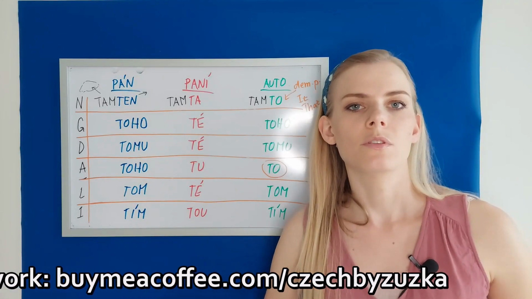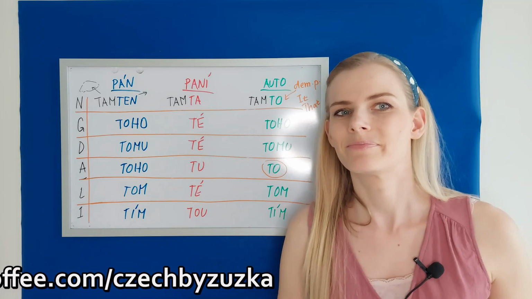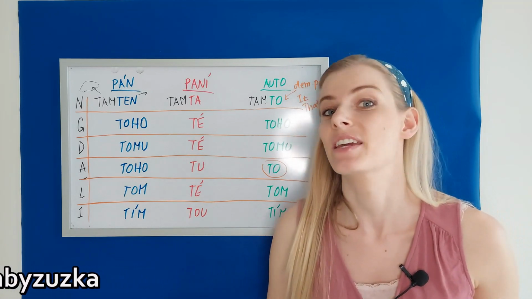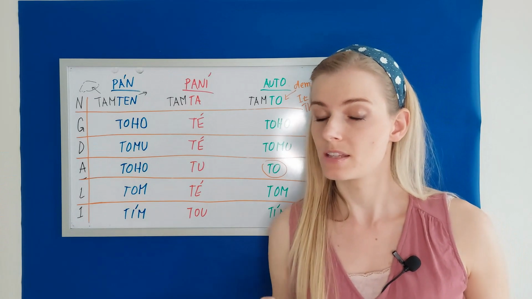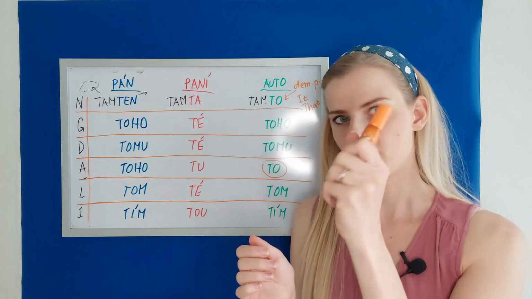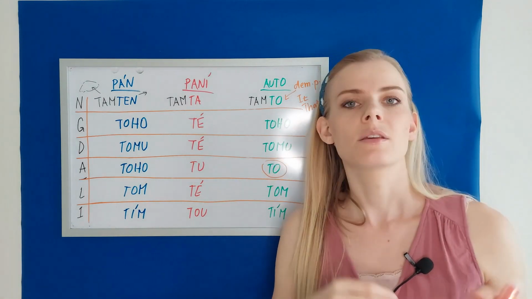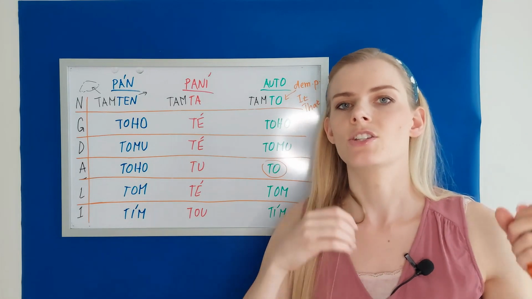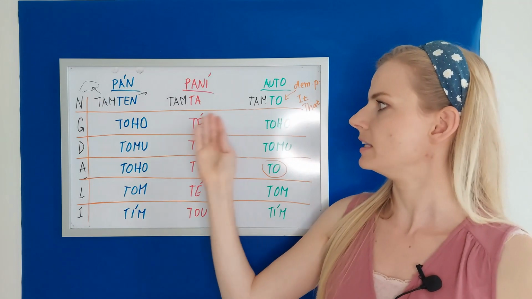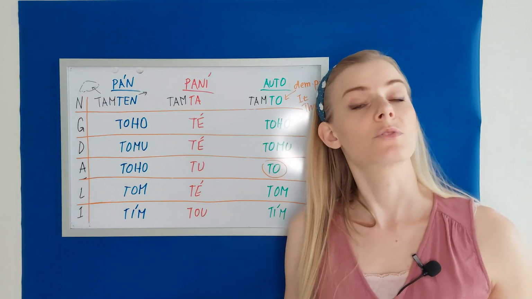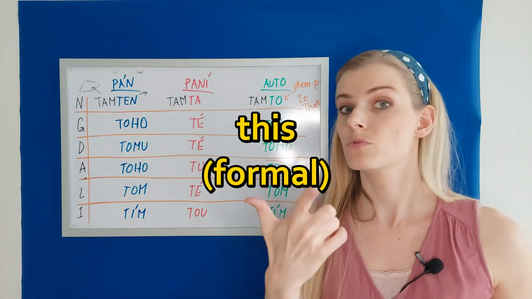Now you're probably wondering, and how do you say this? This is what I want to know. Okay, now we're gonna go close, and we are gonna point at things that are in our hand or very, very near. Simply, we're going to translate the English this. And for that, I'm going to use the genitive line. I'm going to start with the formal version, because we have two versions.